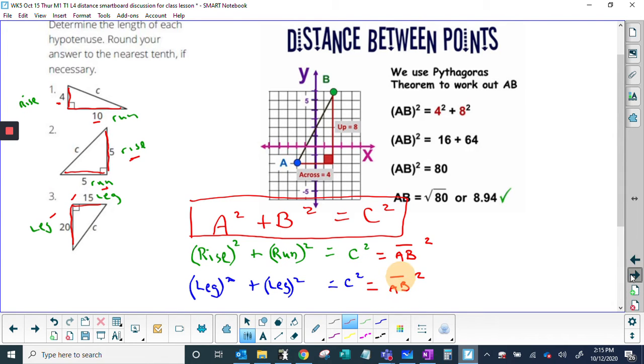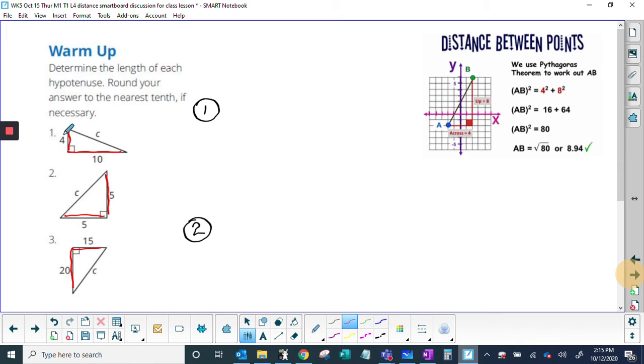According to this rule, we want to take the first leg squared plus the second leg squared, and it's equal to C squared. Well, 4 times 4 is 16. 10 times 10 is 100.